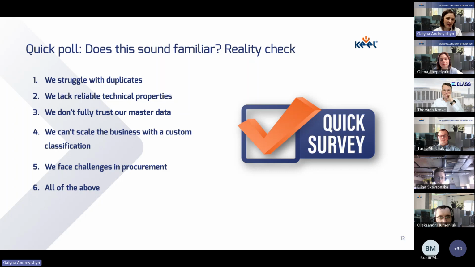Well, we can see that all have some issues, I would say. And everything is familiar to some extent for all. So if you choose numbers from 1 to 5, you are absolutely in the right place today.